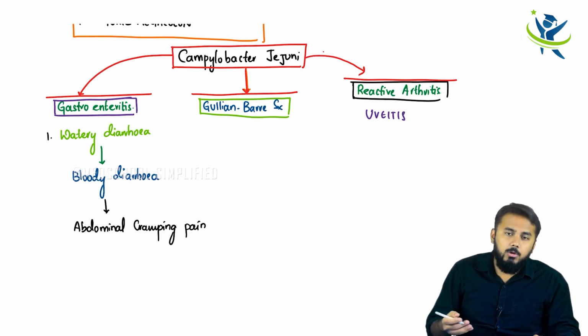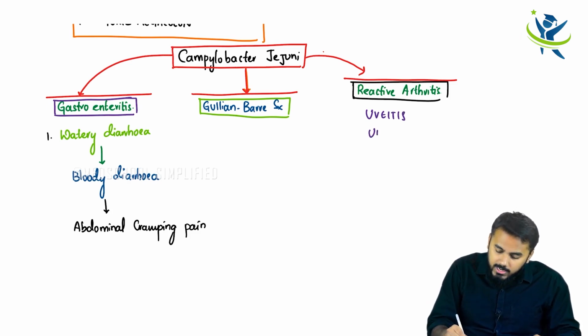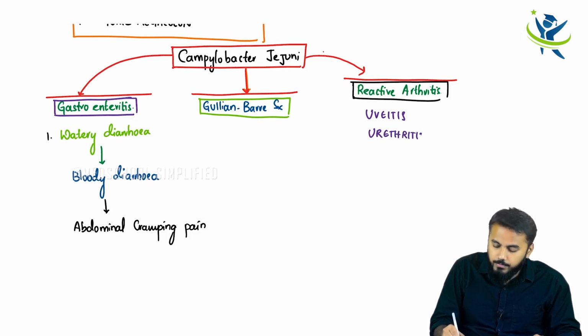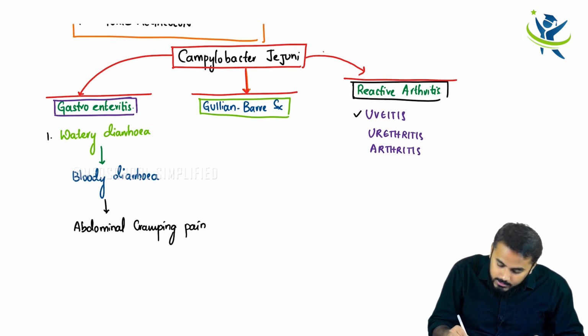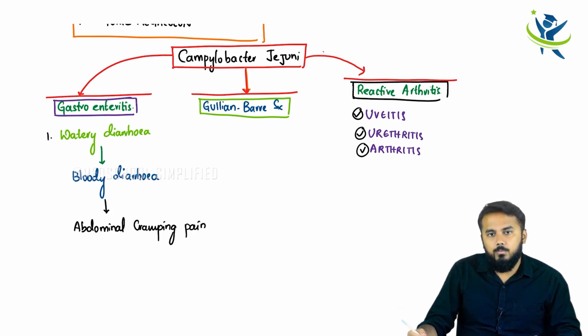Can't pee: problem with the urine, the patient will have urethritis. And the patient can't bend the knee because he will have arthritis. So reactive arthritis is a triad of all these three things, which you have to know.